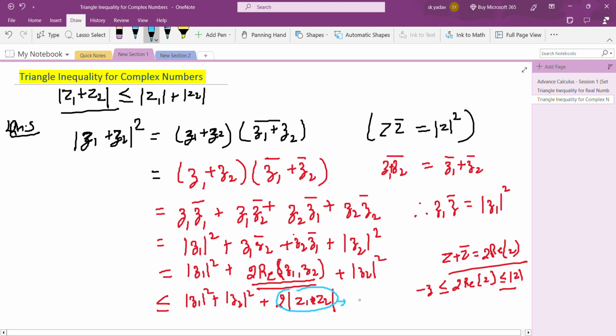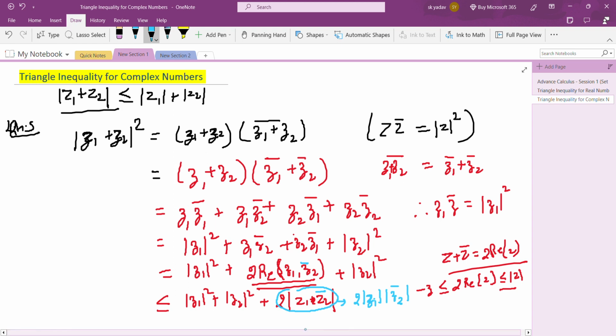This statement can be written as twice of Z1 and Z2, and this is the bar. Sorry, Z2 will be here in the bar, because here we have Z2 bar.